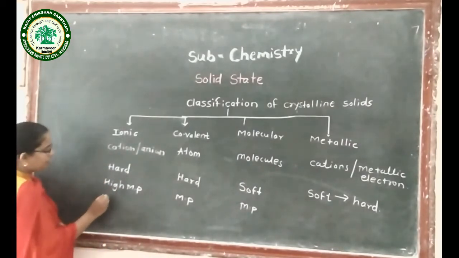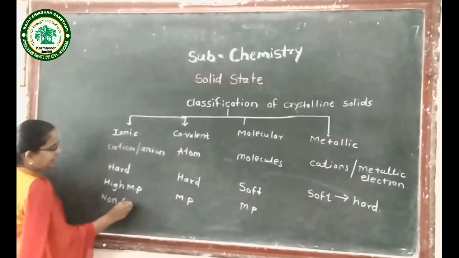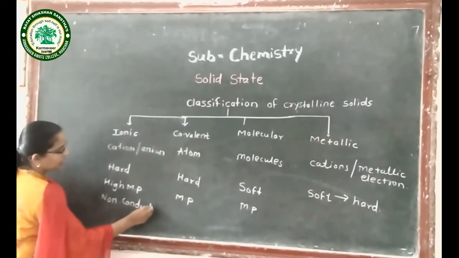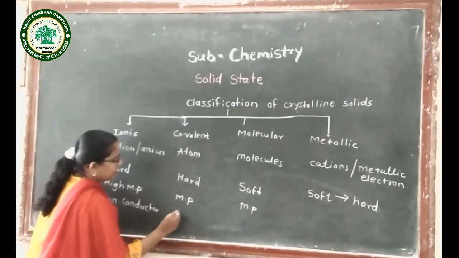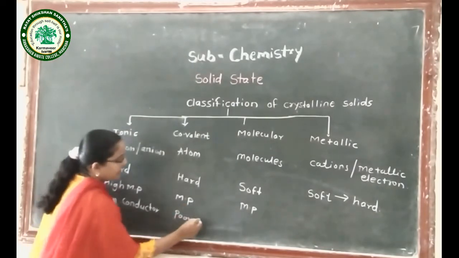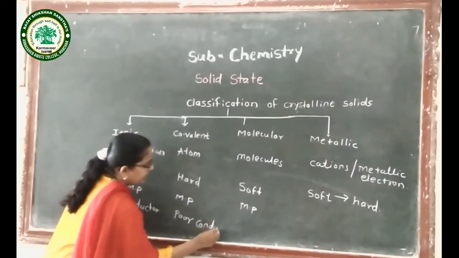Next is thermal property. Ionic solids are non-conductors of heat and electricity. Covalent solids, that is diamond, are poor conductors of heat and electricity.